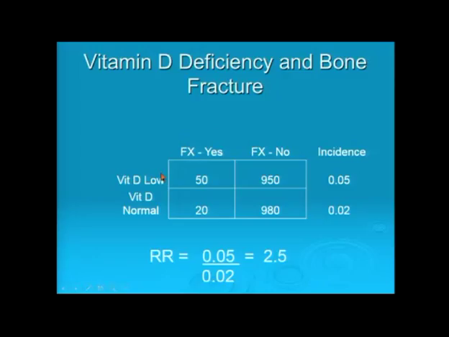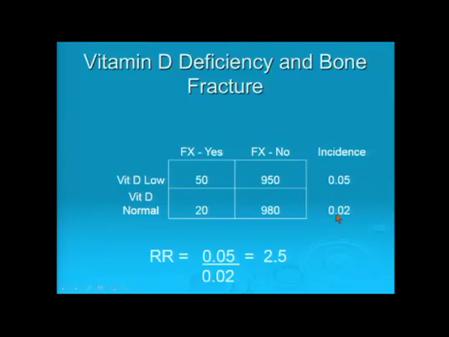In the end, I would be able to put together a 2x2 table like this. I identified 1,000 women who had low vitamin D and 1,000 women with normal vitamin D. Here's the number of fracture events over follow-up.